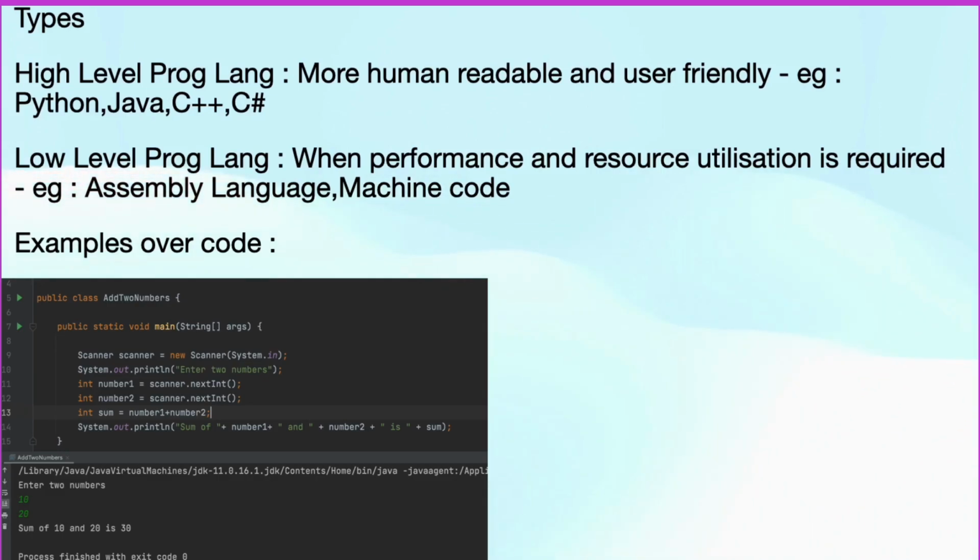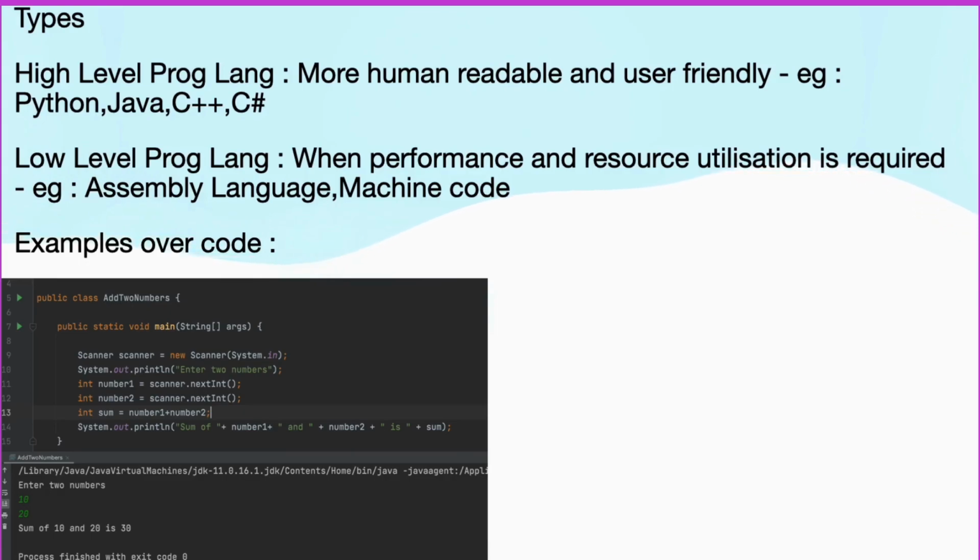After that, there are the keywords and syntaxes we discussed, which take the input and perform the summation, that is int sum equals number 1 plus number 2. Then it prints the output, and when we run the program we can directly see in the console that we are able to enter two numbers, 10 and 20, and it gives the sum of the two numbers, 30.